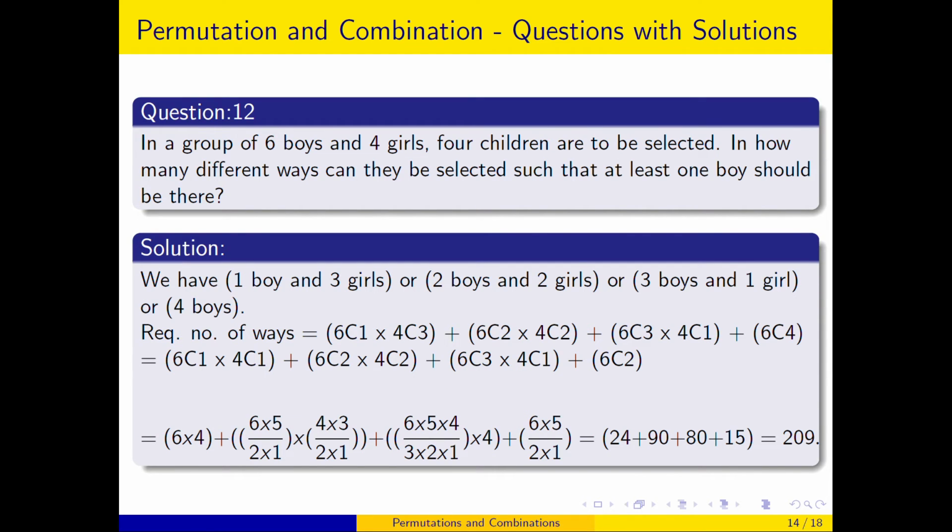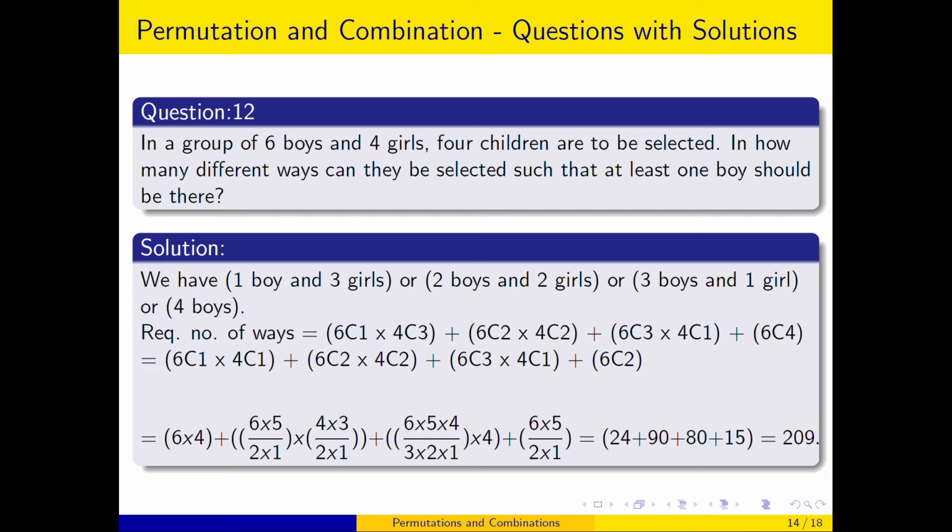Next question: in a group of 6 boys and 4 girls, 4 children are to be selected. In how many different ways can they be selected such that at least one boy should be there? Solution: we have to select the combinations like 1 boy and 3 girls, or 2 boys and 2 girls, or 3 boys and 1 girl, or 4 boys.